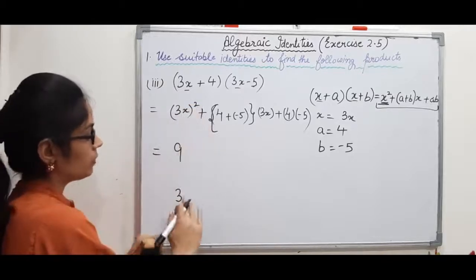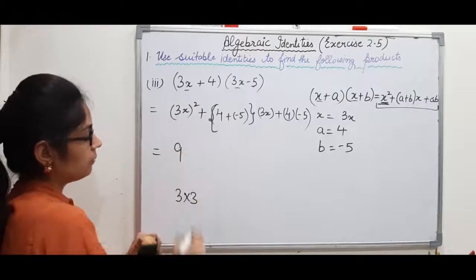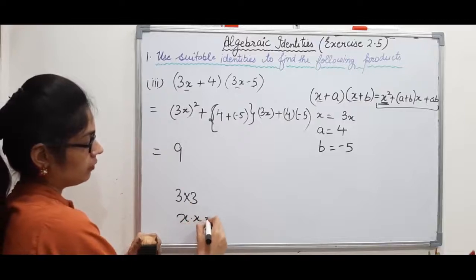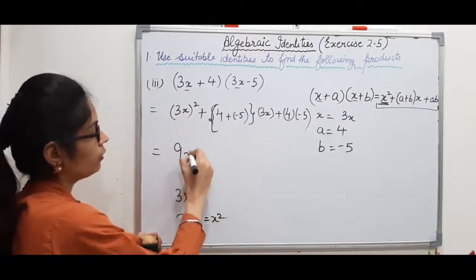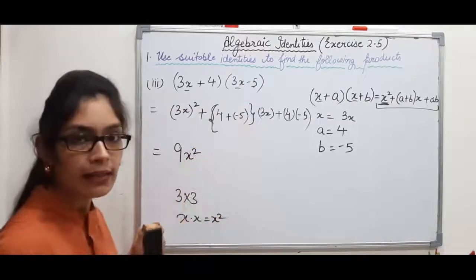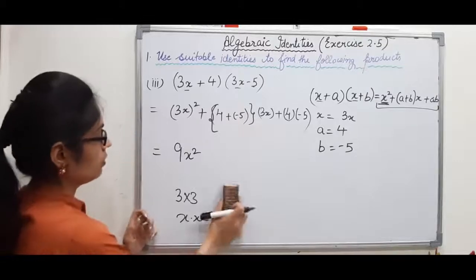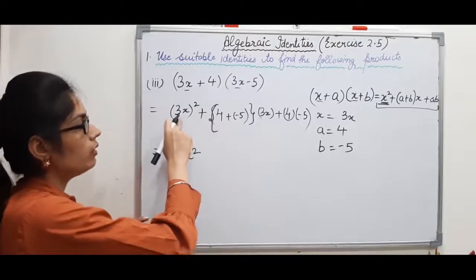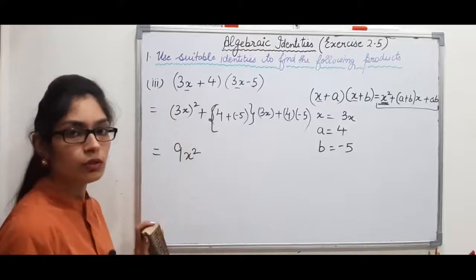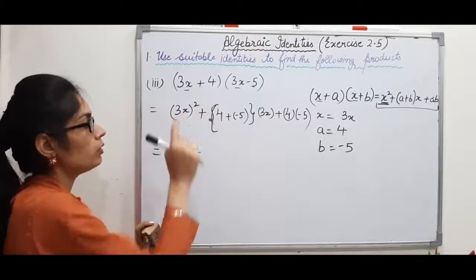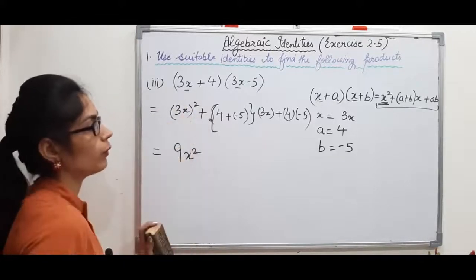So 3 into 3 is 9 and x into x is x square, so it will be 9x square. Whenever you are doing the whole square, the constant number and the variable also have to be squared.